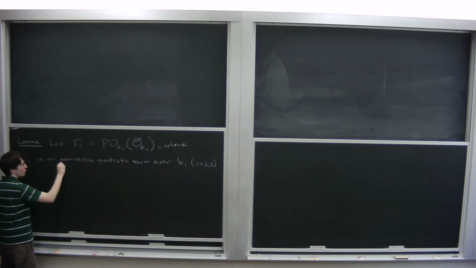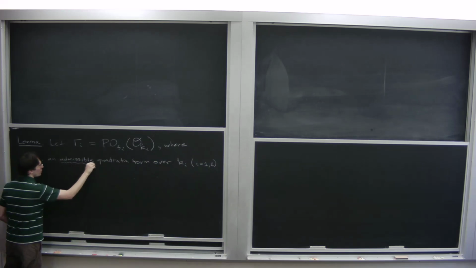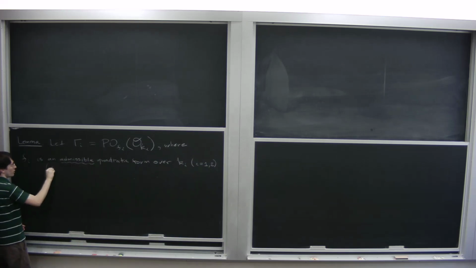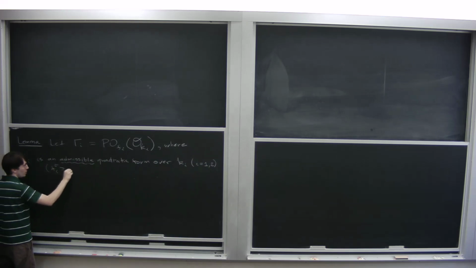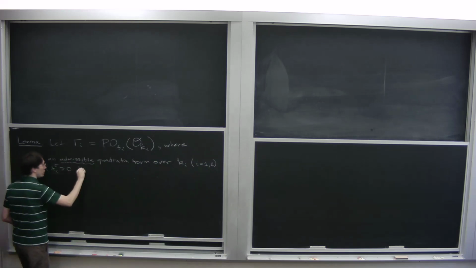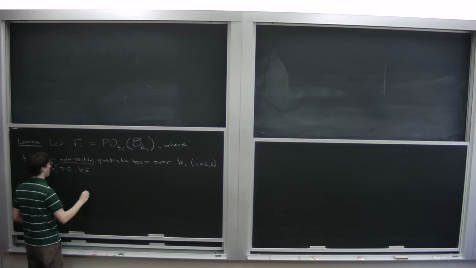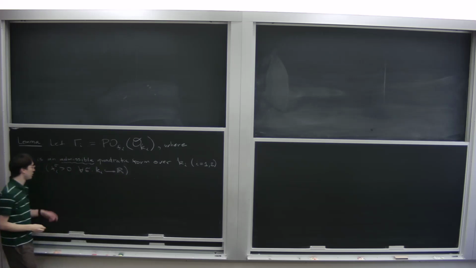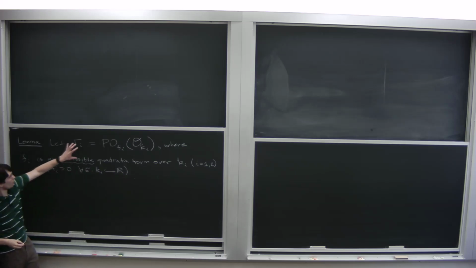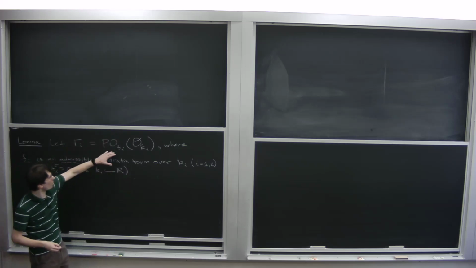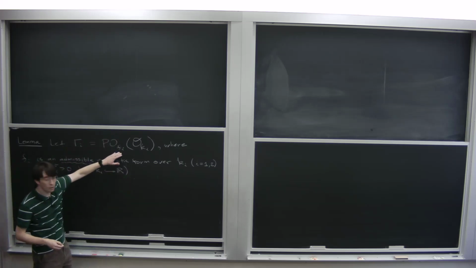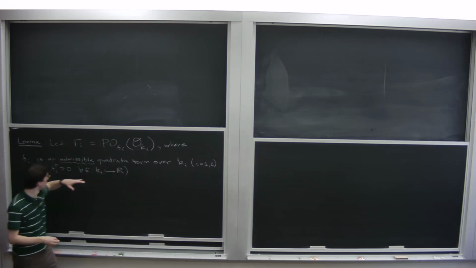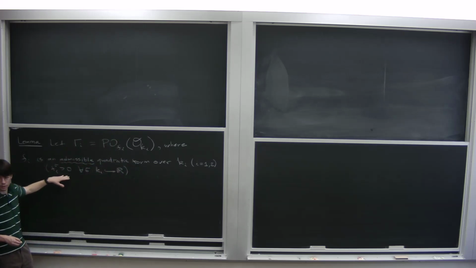Let me just remind that admissible means that F i sigma is positive definite for every non-identity embedding of the field Ki into R, right? So that the associated algebraic group PO F in real points becomes a compact Lie group, right?